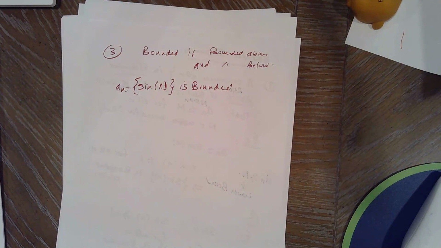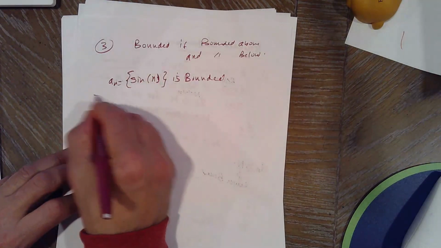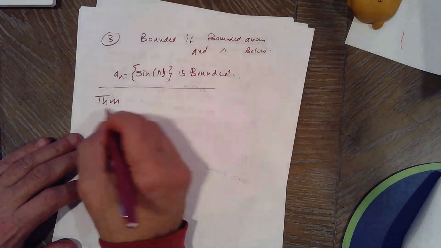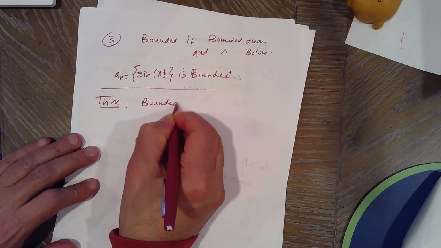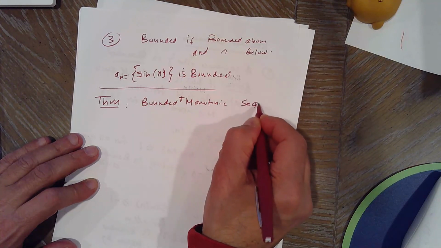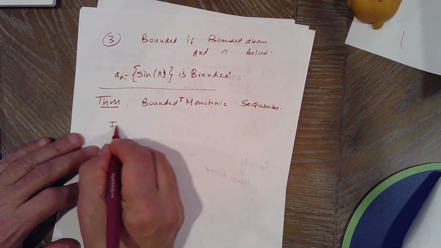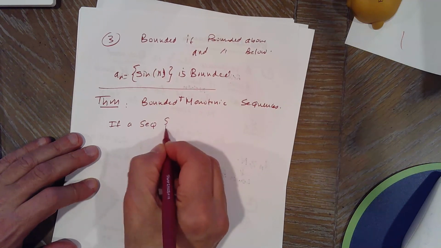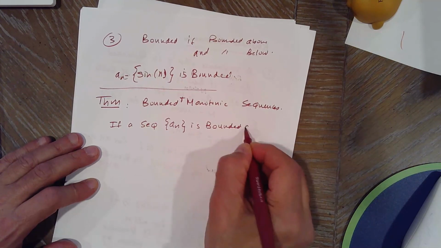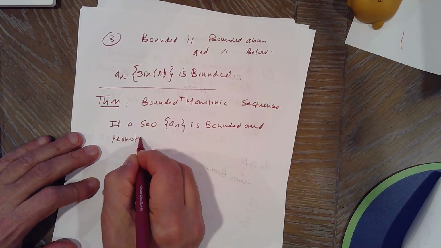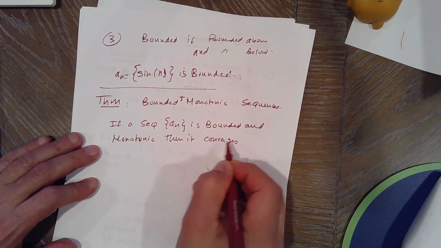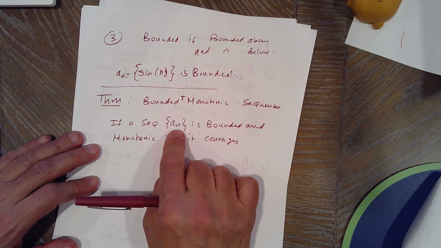So now we know monotonic and bounded. Now we can talk about what happens if a sequence is bounded and monotonic. It's convergent. So bounded and monotonic sequences: if a sequence a_n is bounded and monotonic, then it converges.